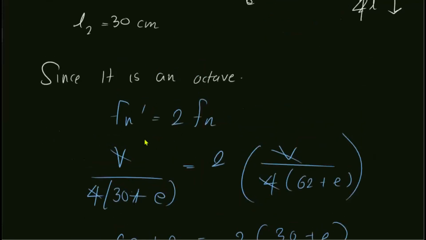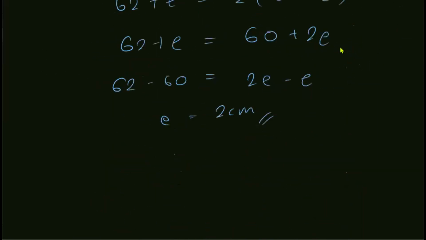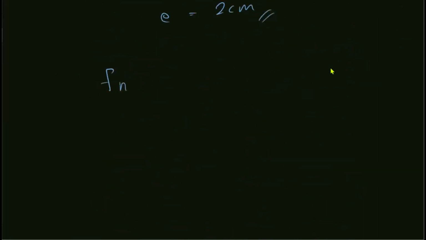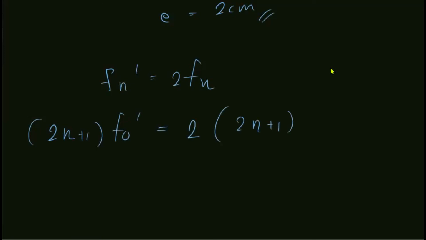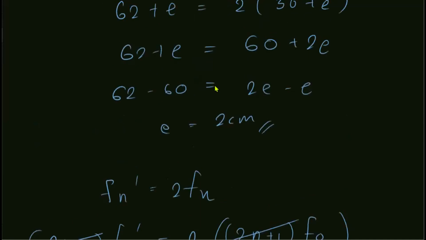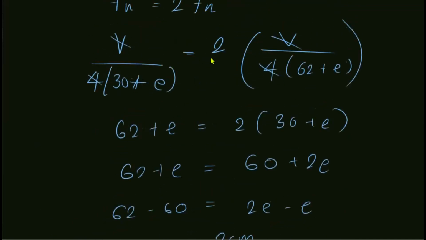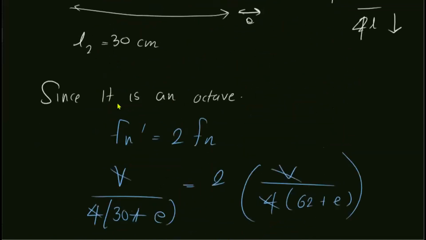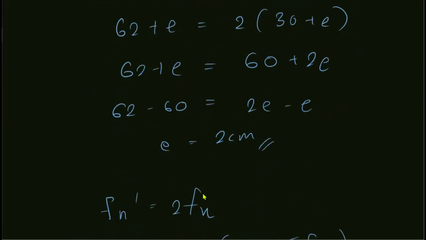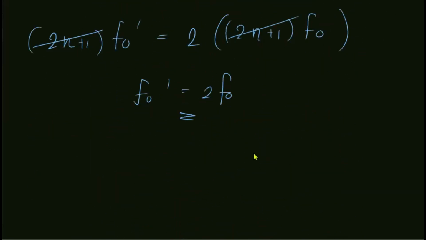So when you equate, Fn dash is 2 times 2n plus 1 F naught. Actually, this 2n plus 1 cancels. F naught dash is equal to 2F naught. That is why straight away I considered the fundamental frequency to be 2 times the fundamental frequency of this one. Okay, and then simplify. Hope you understood that properly.